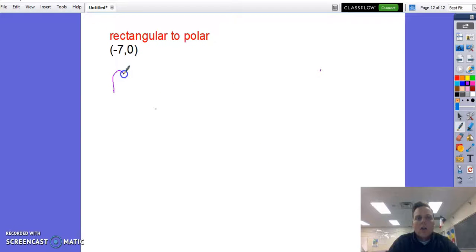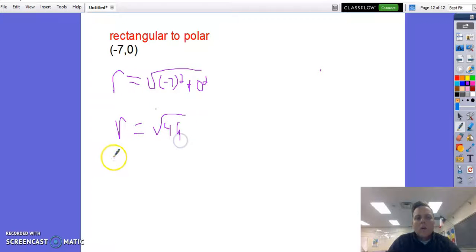So r is equal to the square root of negative 7 squared plus 0 squared. I'm running out of time, so I'm going to jump ahead, but r should simply be equal to, well, you calculate all that, and you're going to get the square root of 49.